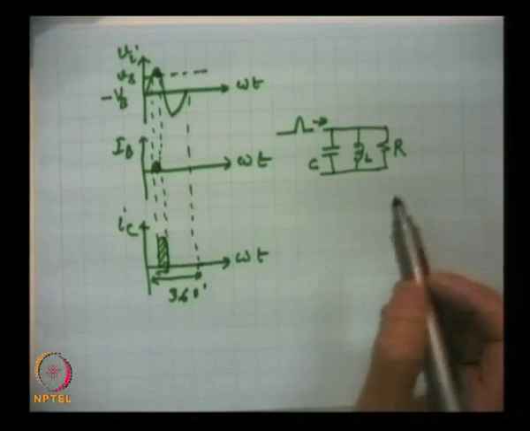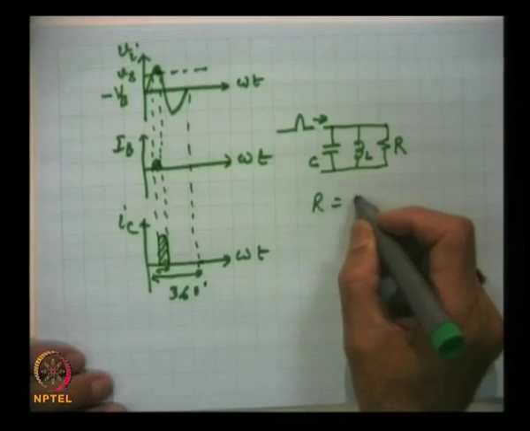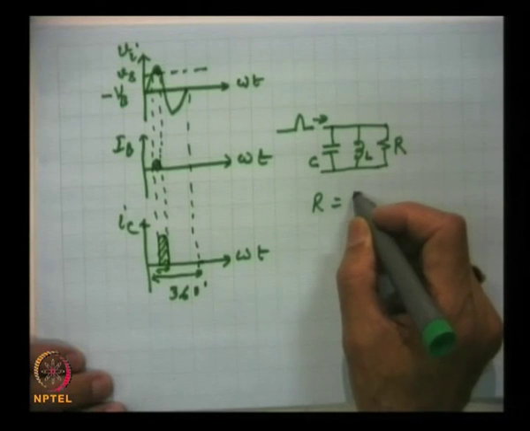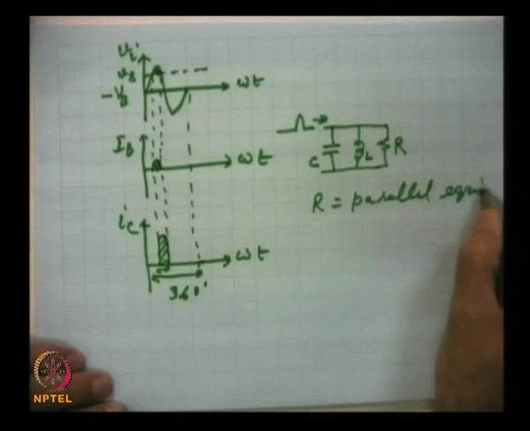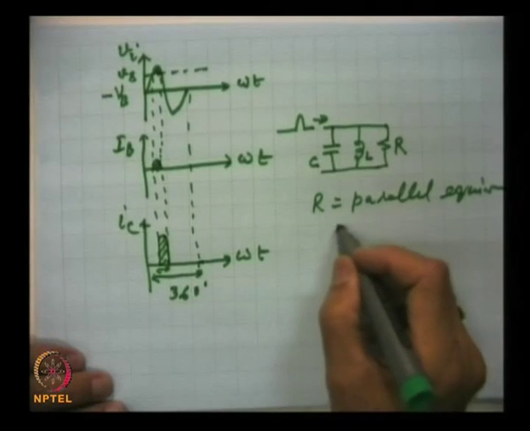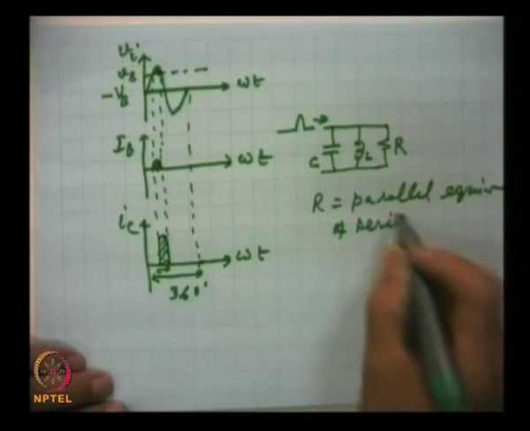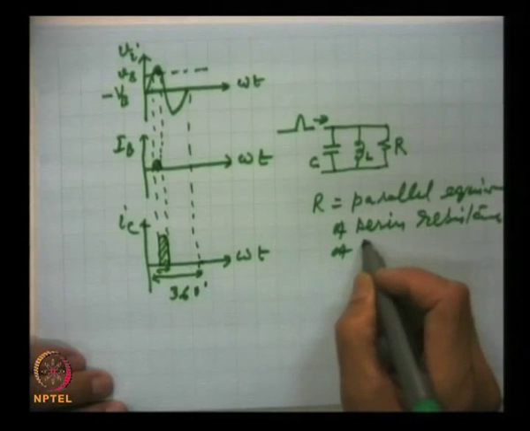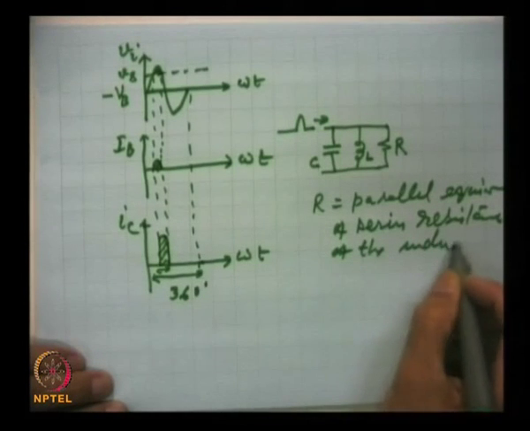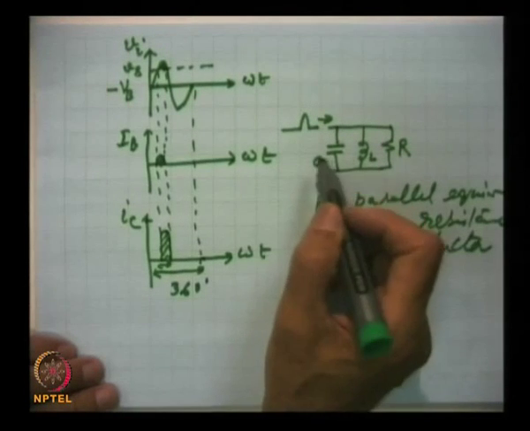So, this R is the parallel equivalent of the series resistance of the inductor. So, this current pulse strikes.